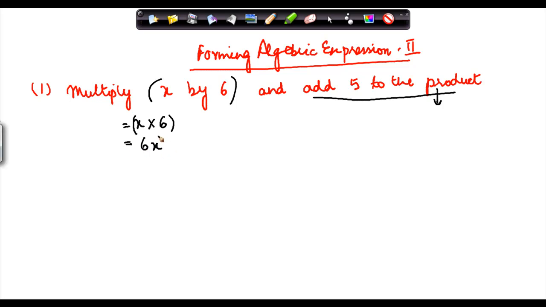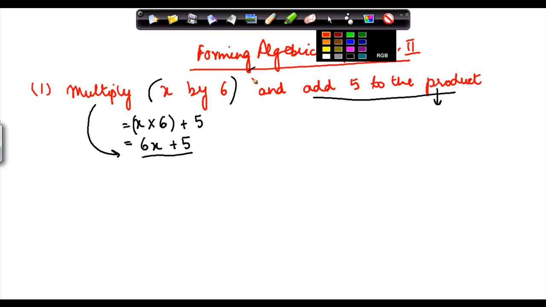So my product is 6x, and what have I been told? And add 5 to the product. So whatever is the product of x multiplied by 6, I need to add 5 to that. So similarly, I add 5 here. So this becomes my statement. So I have basically converted this statement into this expression.